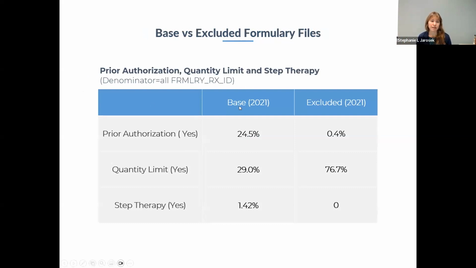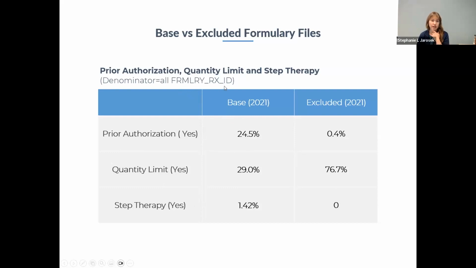When we look at the difference between the base and excluded files in terms of utilization management, we get a lot more utilization management, like prior authorization and step therapy. I had mentioned before that when we looked at the PDE level, not a lot of drugs required prior authorization. But at the formulary RxID level, it looks like more drugs are requiring authorization.